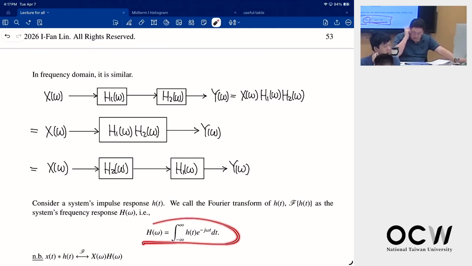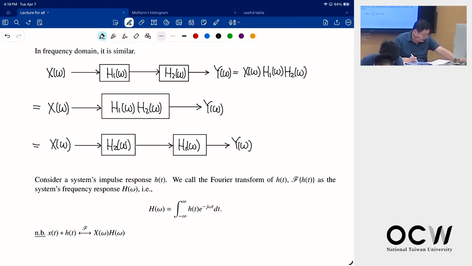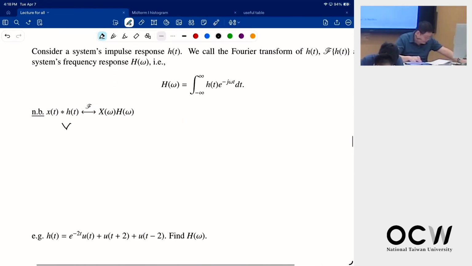That's the Fourier transform of your impulse response. So in time domain, we do the convolution. In frequency domain, we do the multiplication. So the y is x times h, the system's response.